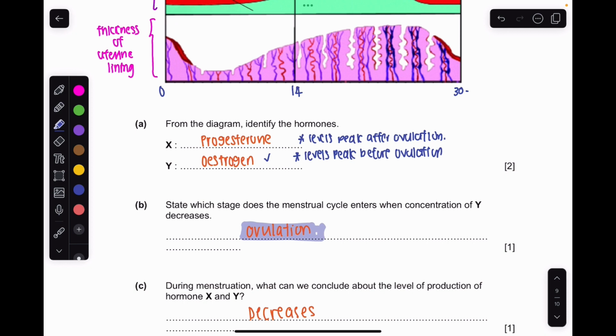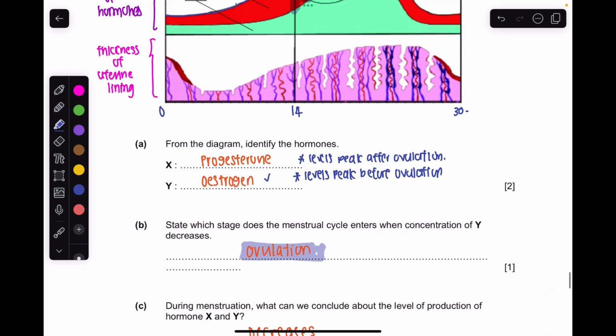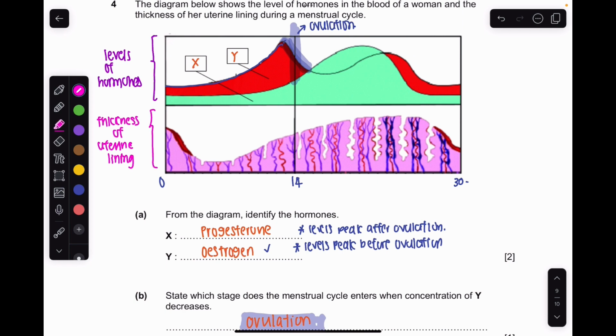Okay, during menstruation, what happens to the level of hormones X and Y? In this graph here, I know that menstruation is the breaking down and the shedding of the uterine lining, right? So at these parts over here and here, this is where I am likely to expect menstruation, because the uterine lining is becoming thinner.